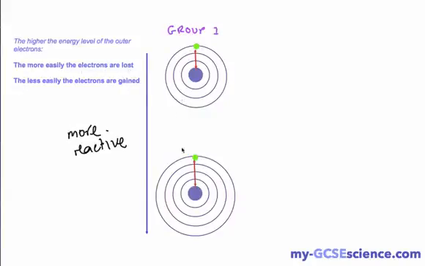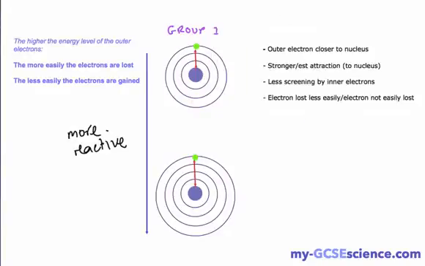And this helps us to explain why this element here is much more reactive than this one further up. The best way to explain it is as follows. The outer electron is closer to the nucleus for this atom here. There's a stronger attraction to the nucleus. There is less screening by inner electrons. The electrons in the inner shells carry out something called screening, which helps to reduce the force of attraction between the electron and the nucleus.